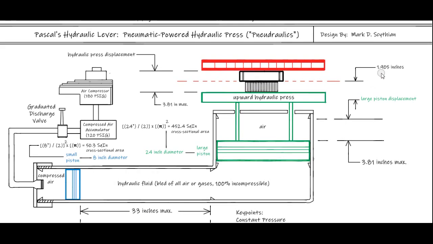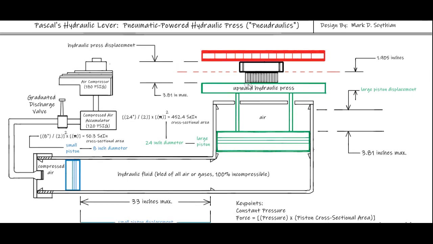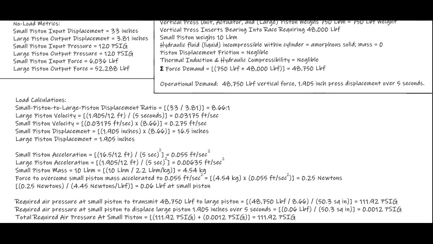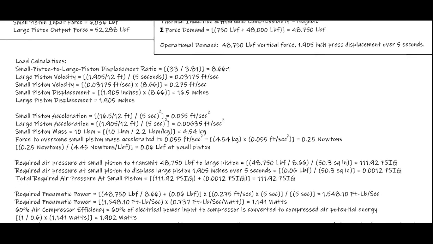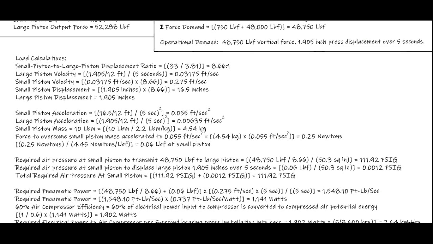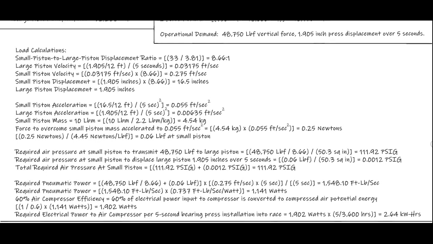Then you accomplish exactly what was designed: a 1.905 inch travel over 5 seconds, transmitting 48,000 pounds of force to press the bearing in, and then the 750 pounds force to actuate the large piston assembly, which includes the actuator and hydraulic press, leaving the 48,000 to transmit into the bearing, successfully pressing it into the bearing race. So you see the deductive reasoning taking place, and we have an equilibrium for the given function.